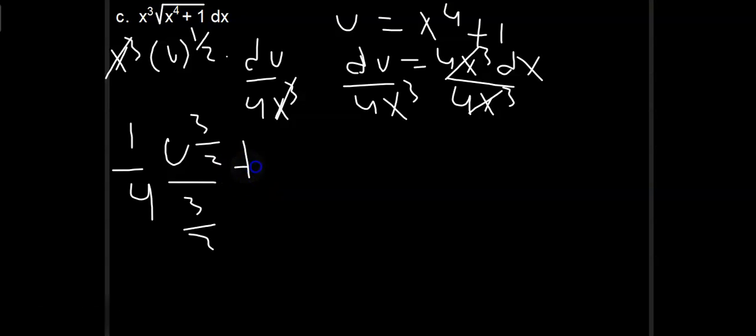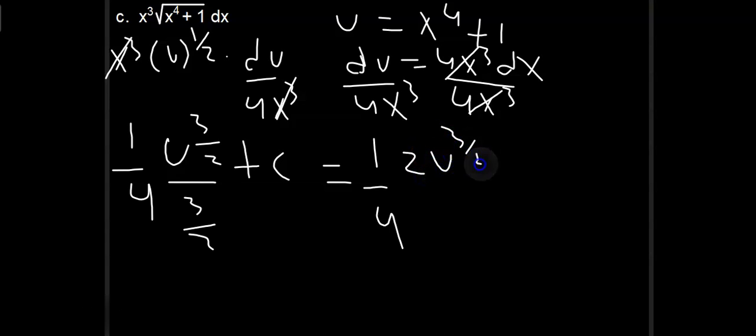So this is it. But when you simplify this, you're going to get 1 over 4, the whole 2 over 3, which means when you flip 2 over 3, you're going to get 2, the whole u to the power of 3 over 2, the whole over 3. When you bring this to the denominator part, you're going to get 2 over 3.